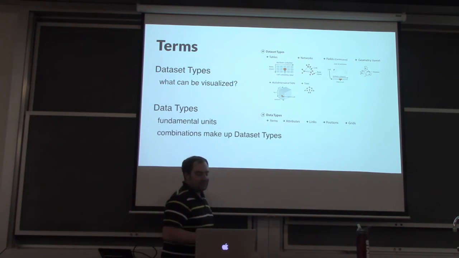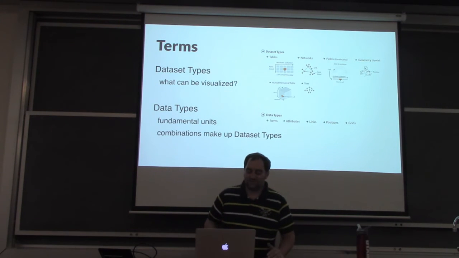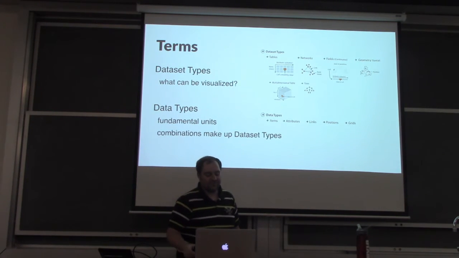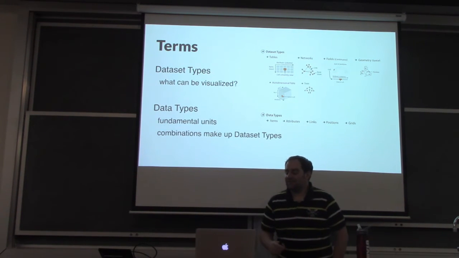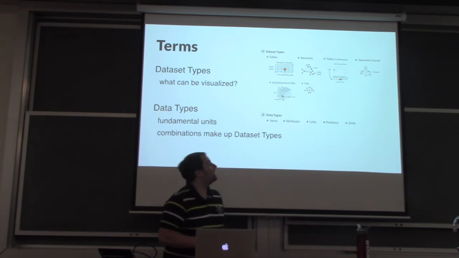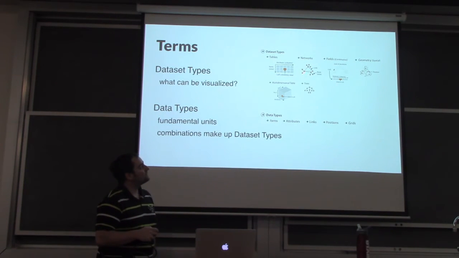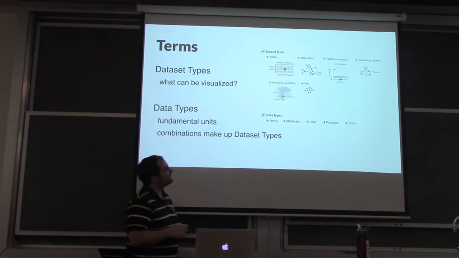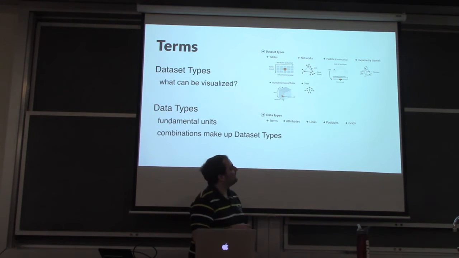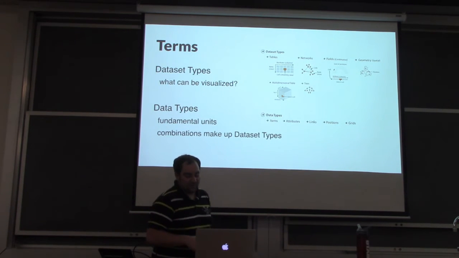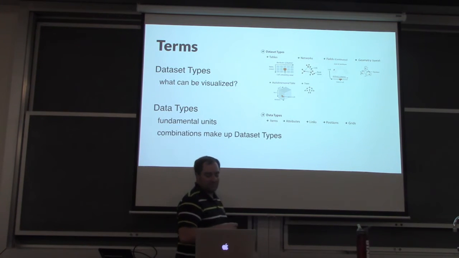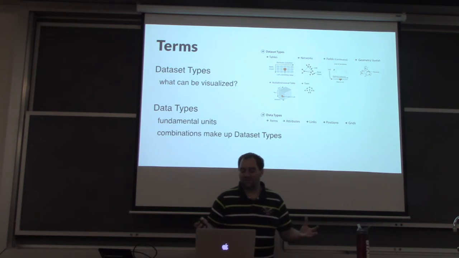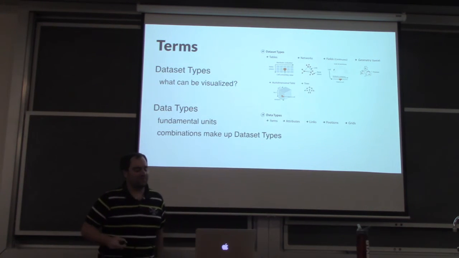The dataset types describe what can be visualized, and the data types describe the fundamental units and combinations that make up the dataset types. The dataset types you can classify are tables, networks, and their variety trees. For tables, there is the variety multidimensional table. Then fields, where you have grids of positions and points on each of these fields. And then geometries, like the shape of how things are positioned relative to each other.